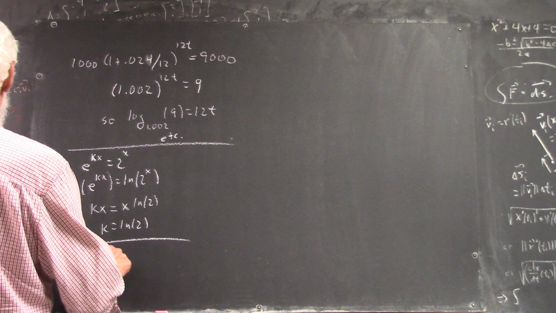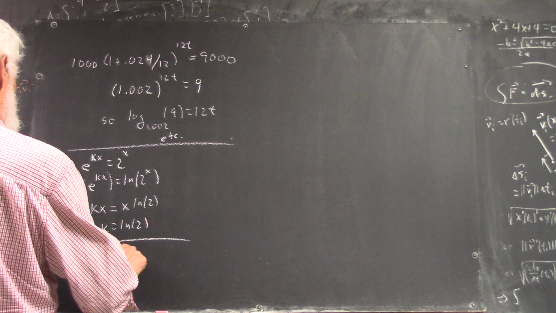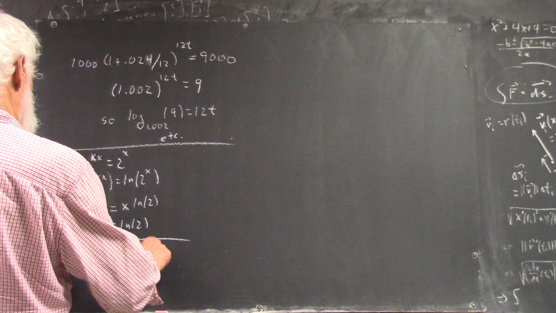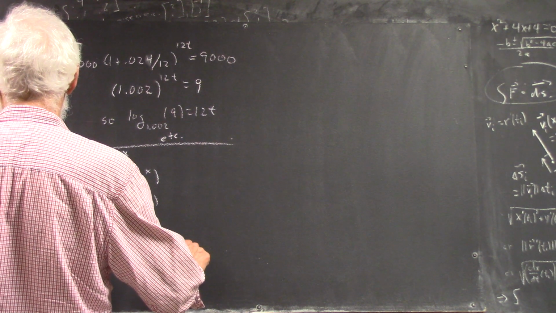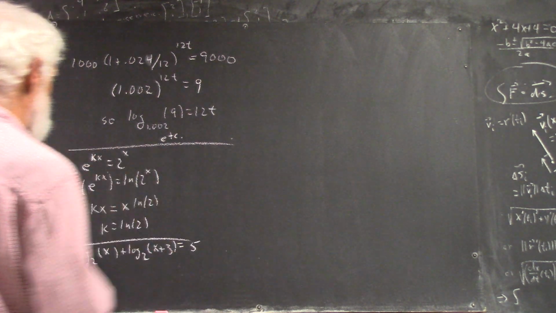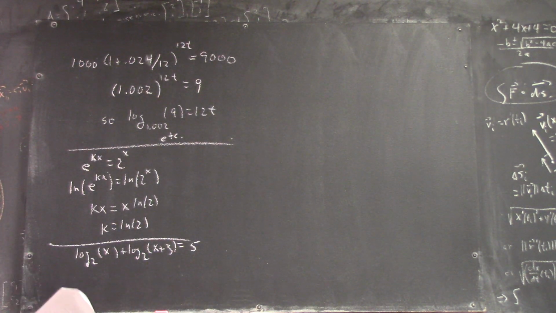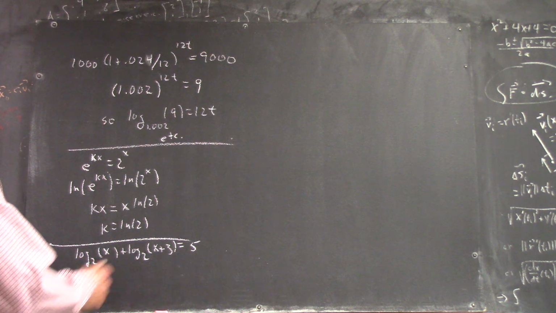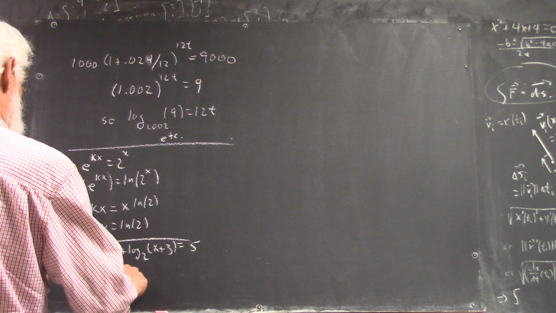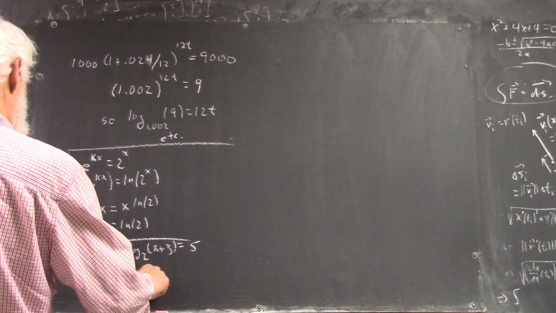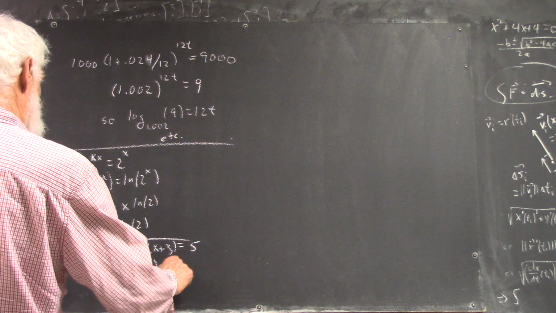Log base 2 of x plus log base 2 of x plus 3 equals 5. Okay? What do you do? Well, you use your rules for logarithms. You get log base 2 of x times x plus 3 equals 5.